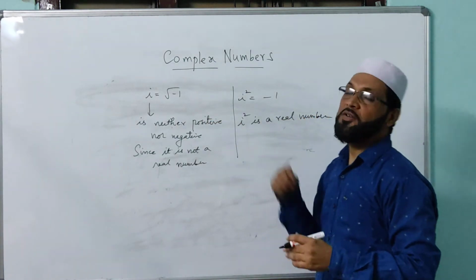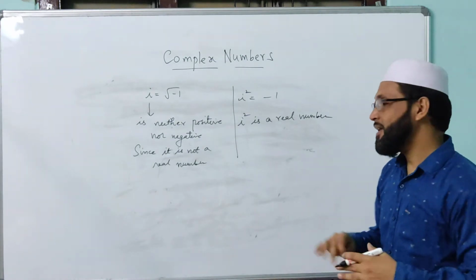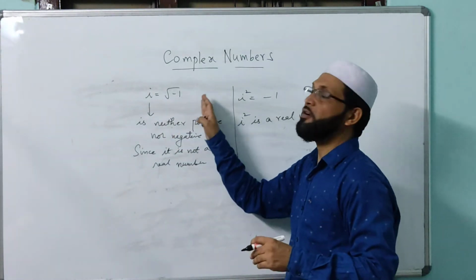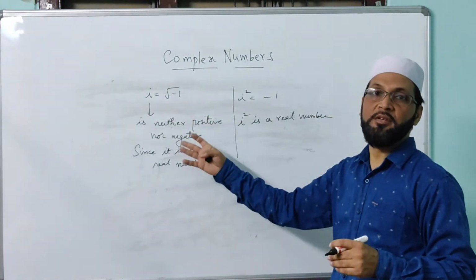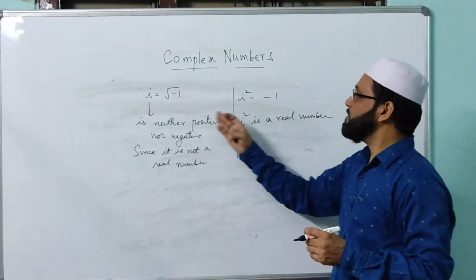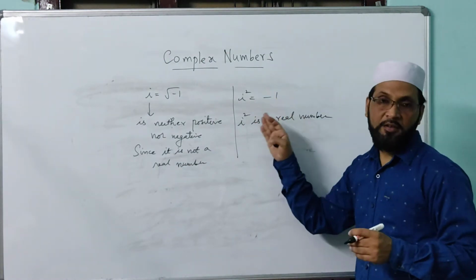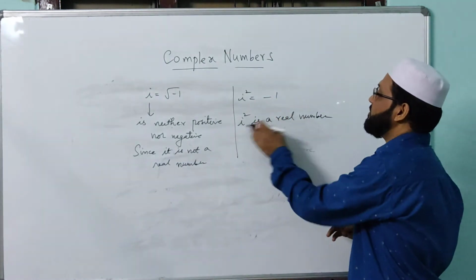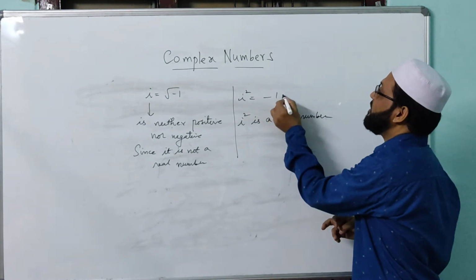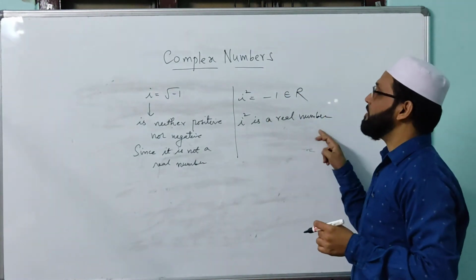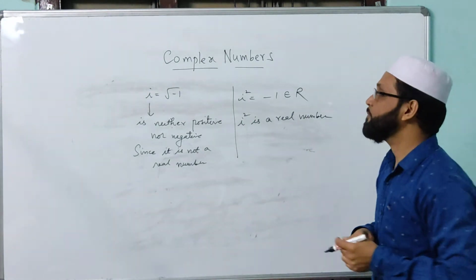It is neither positive nor negative, because we can say positive or negative only when it is a real number, but iota is under root of -1, so it is a non-real number. Whereas iota square is equals to -1, and since -1 belongs to real numbers, iota square is a real number.